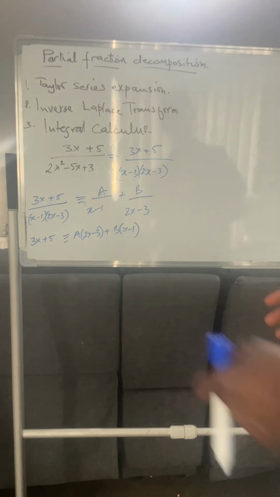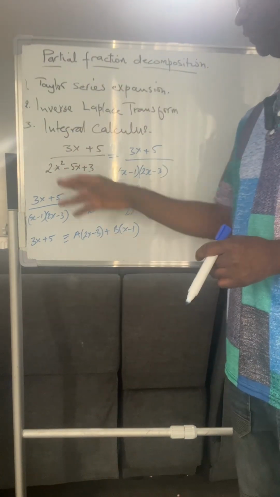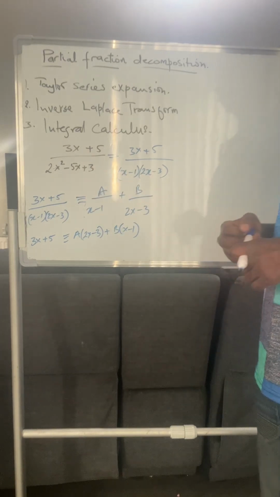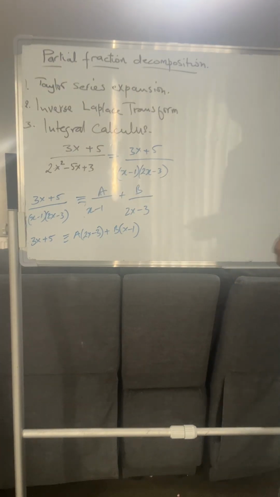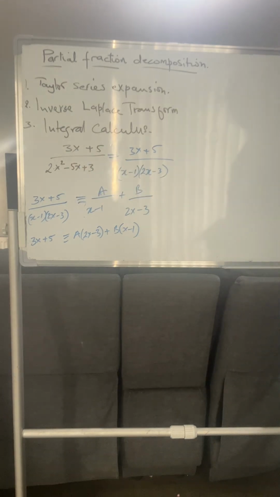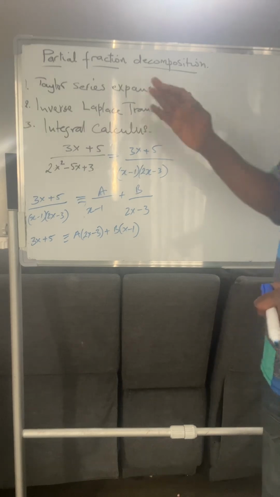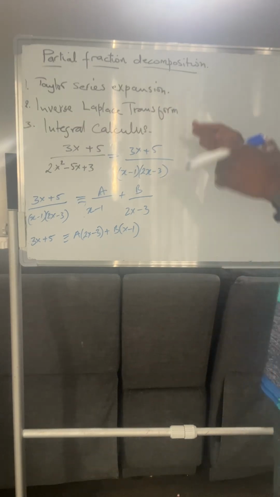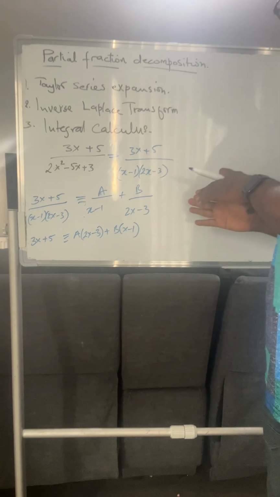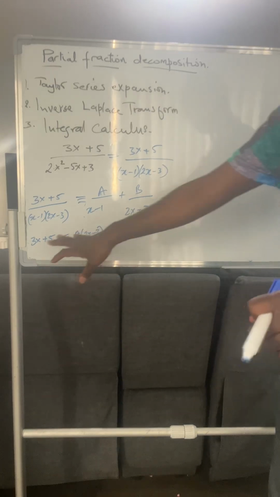So we are given this problem here, 3x plus 5 divided by 2x squared minus 5x plus 3. We're asked to decompose this function into partial fractions. We know the process we followed in the previous video, how we arrived up to this point here.